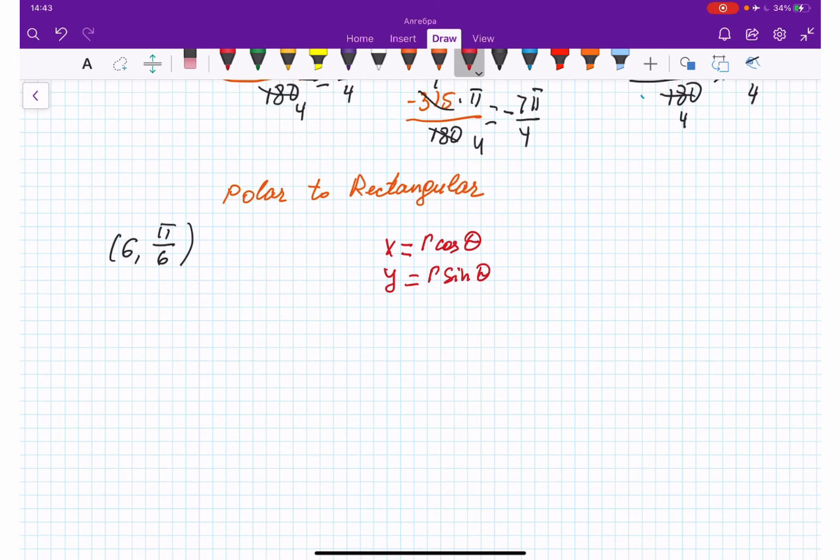So this is our r. r is equal to 6, and theta is equal to pi over 6, I'm sorry.